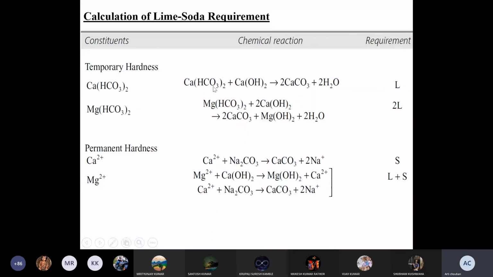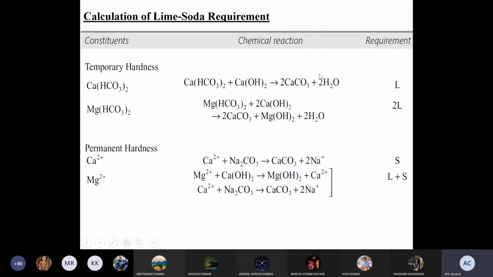It will consume 1 mole of calcium hydroxide, or 1 mole of lime, and convert that soluble impurity into a precipitate of calcium carbonate.